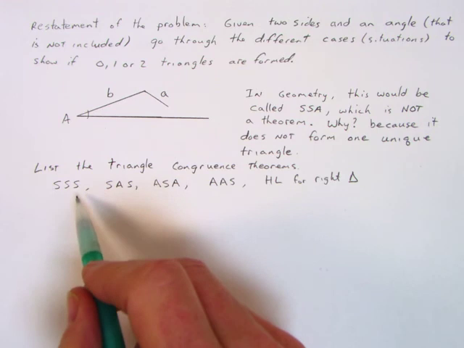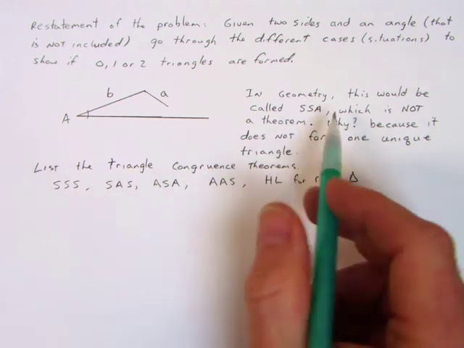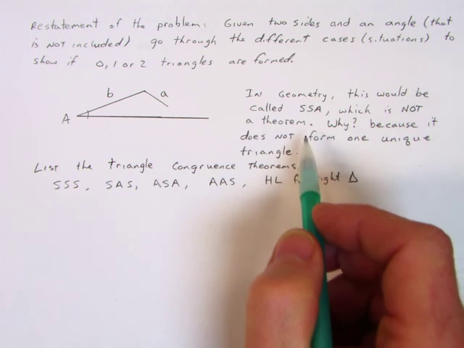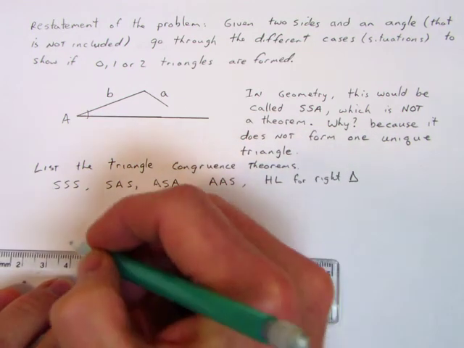So anytime we're given three sides of a triangle and they form a triangle, there's only one triangle we could ever draw with that information. But as we're going to go through in this problem, if we have side-side-angle, there is not one unique situation that can be drawn. So let's take a look and see what happens.